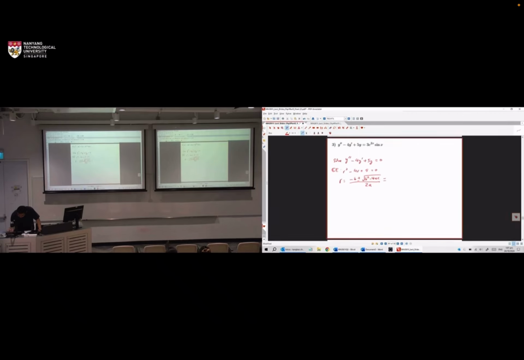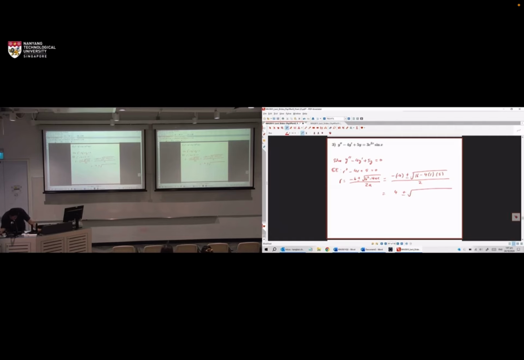So we will have negative of negative 4, plus minus the square root of b squared, which is 16, minus 4ac, over 2.